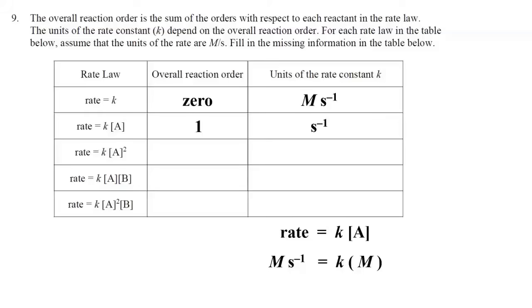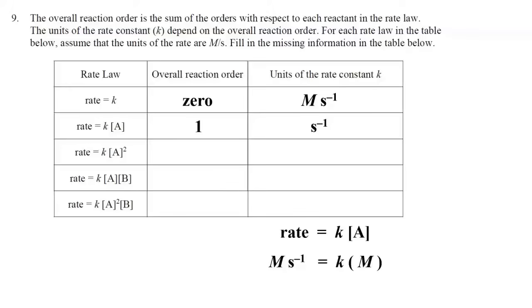That way, inverse seconds times the units of molarity would give me molarity per second. So the units of K can be whatever they need to be so that the units on the left side of the equation match the units on the right side of the equation.